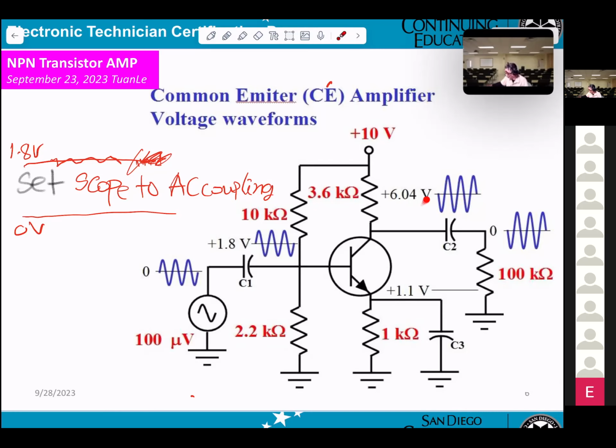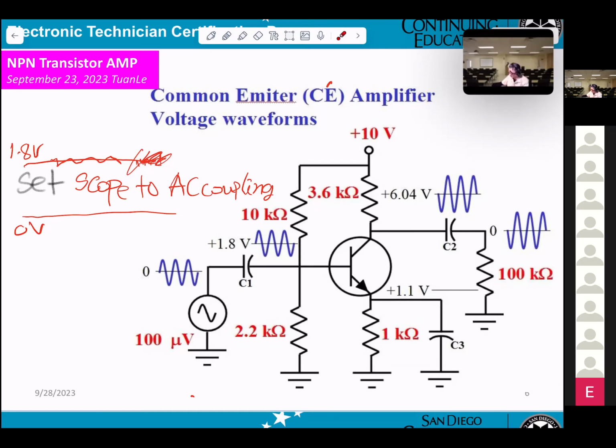They try to remove 6.04 volt and display only this sideway, so you can measure it. And also make sure when input goes up, output goes down. Okay, input going down, output going up. That's telling you input and output are opposite, or 180 degrees out of phase.